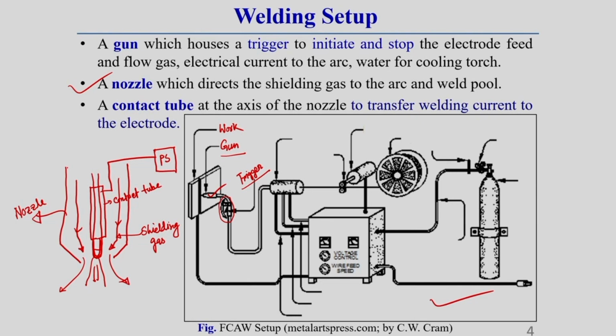Okay. Now, one by one I am labeling, then it will be very clear to you. This is called the drive motor. This is a spool, which coils the consumable electrode. The electrode is continuously fed from this spool to the nozzle by the driving motor. Understand? This driving motor continuously drives the electrode by using a motor driven pinch roller.